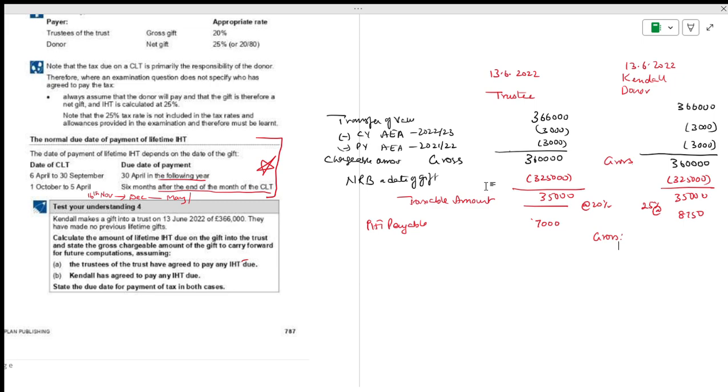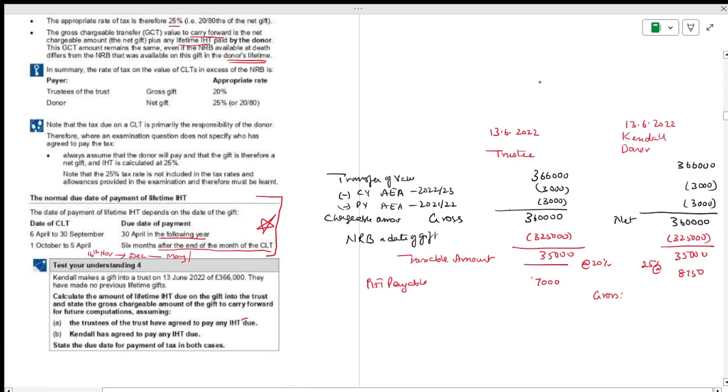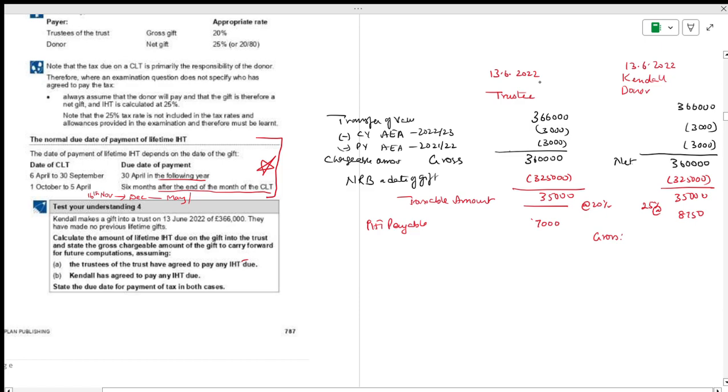360 is the net amount, is it right? In the answer they don't convert it. No. That's why. 360 is the net amount.